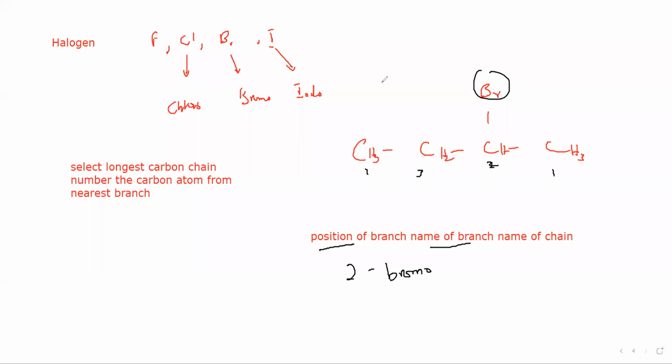And because there are 4 carbon atoms, what is the prefix used for 4 carbon atoms? Yeah, that's right, Hussein, your answer. It's but, because of 4 carbon atoms. And what kind of bond is there between them? They have a single bond between them, so it will be N. So it is 2-bromobutane.